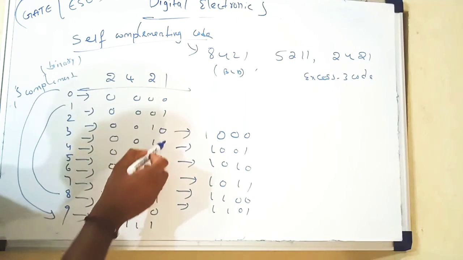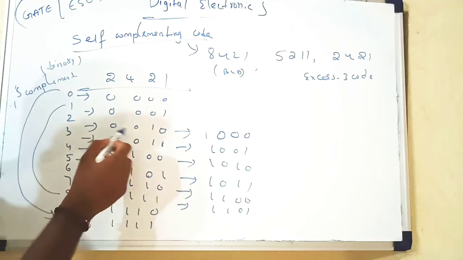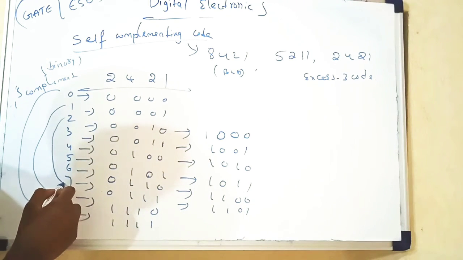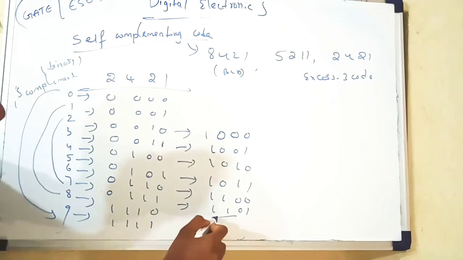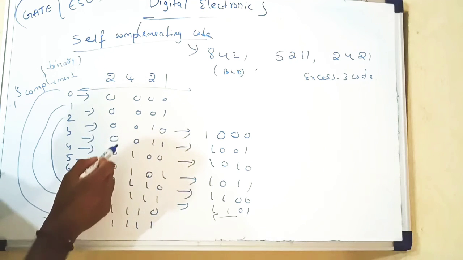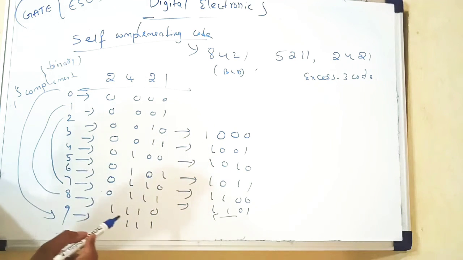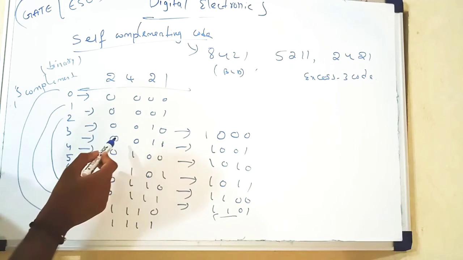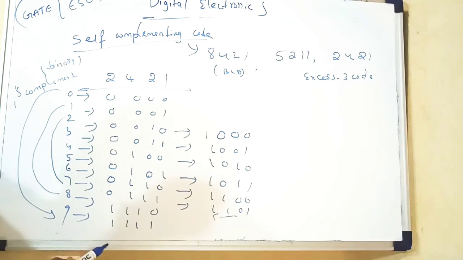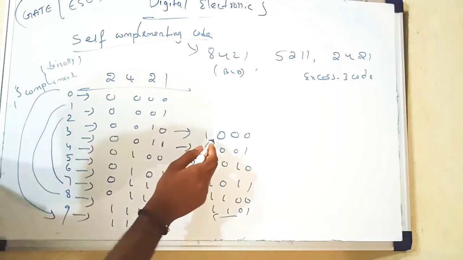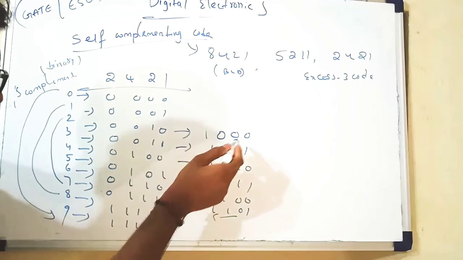For 0010, the binary complement is 1101. Here we have two possibilities, and one possibility matches. For the other, I am checking 1000. 1000 means its complement is 0111.